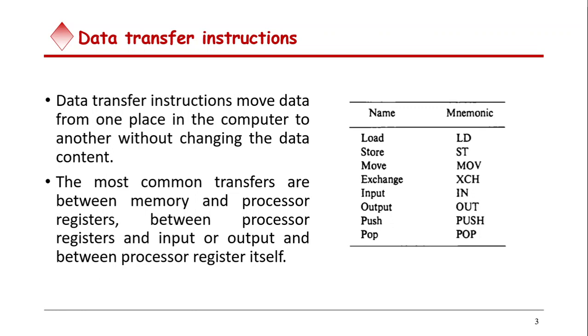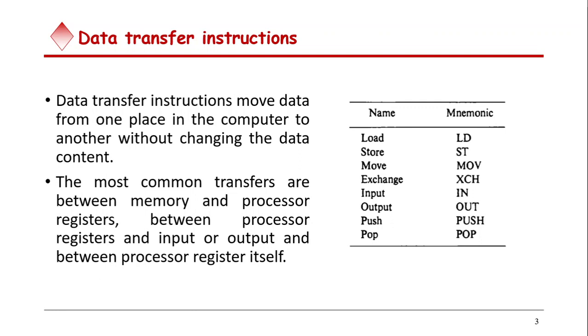The move instruction has been used in computers with multiple CPU registers to designate a transfer from one register to another. It has also been used for data transfer between CPU register and memory or between two memory words. The exchange instruction swaps information between two registers or a register and a memory word.